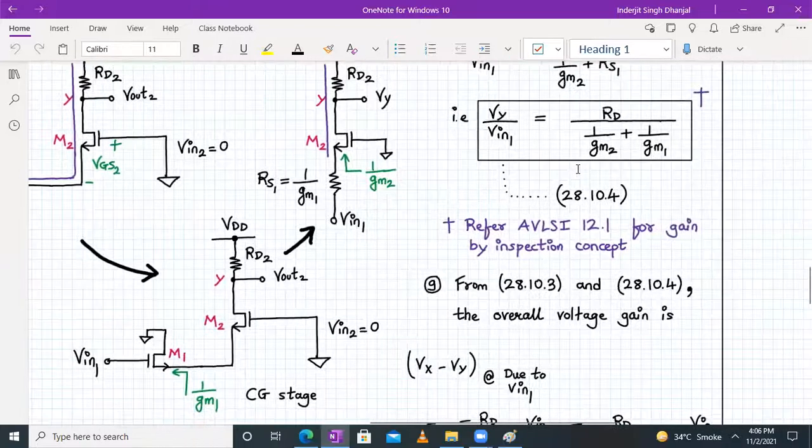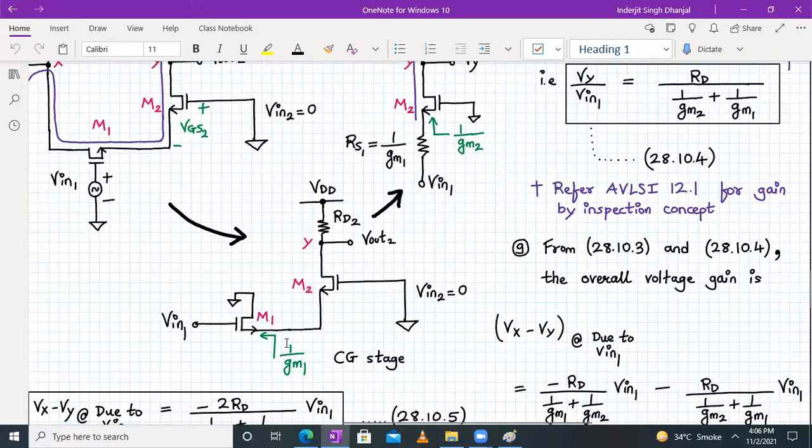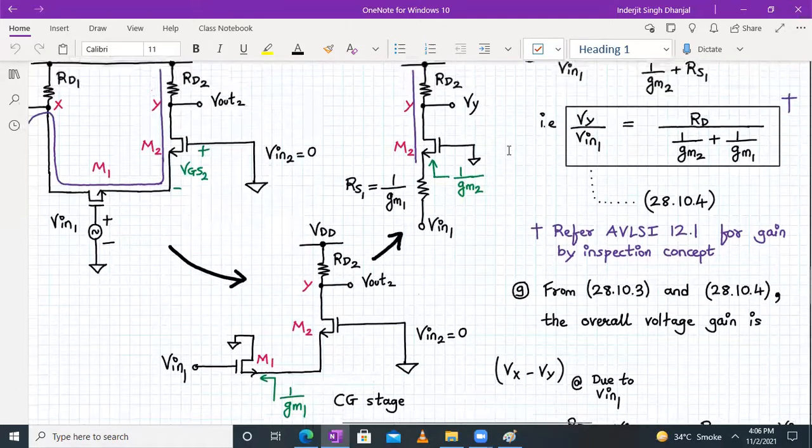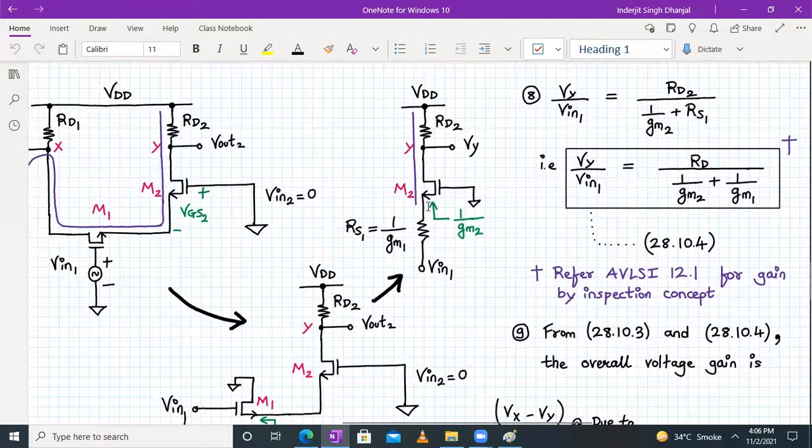So Vy upon Vin1 will be RD2 divided by 1 upon gm2 plus RS1, where RS1 is nothing but 1 upon gm1. So Vy upon Vin1 is given by RD divided by 1 upon gm2 plus 1 upon gm1. You can refer again to the AVLSI 12.1 handout for further details.